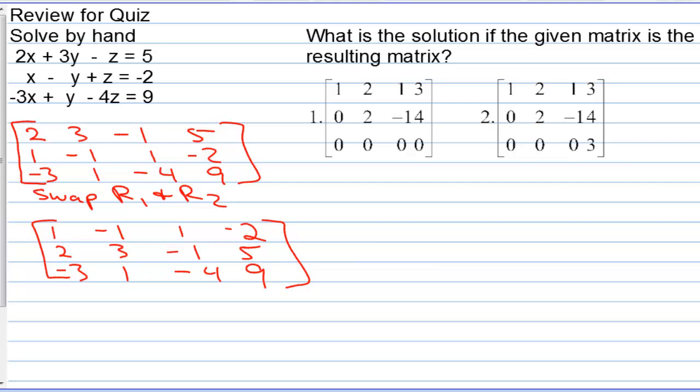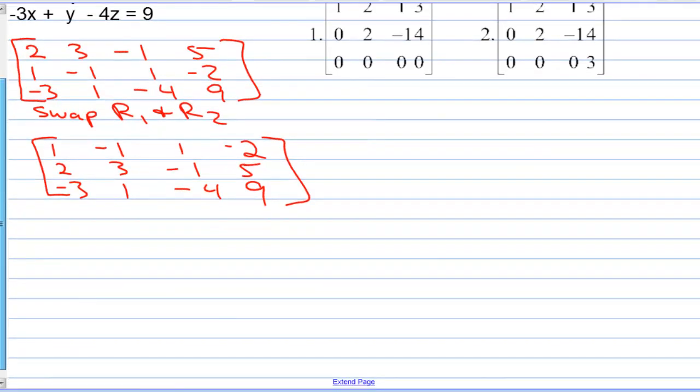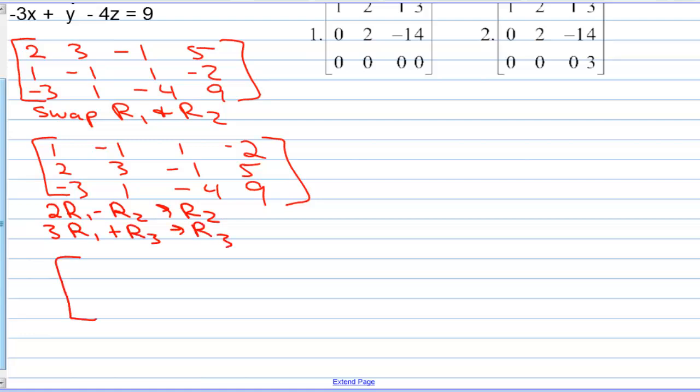I like having that 1 in the top left-hand corner. You certainly don't have to. I think it makes the problem a little easier. So we have 2 times row 1 minus row 2, replace row 2. And we have 3 times row 1 plus row 3, replace row 3. All right, so I need 2, negative 2, 2, negative 4.